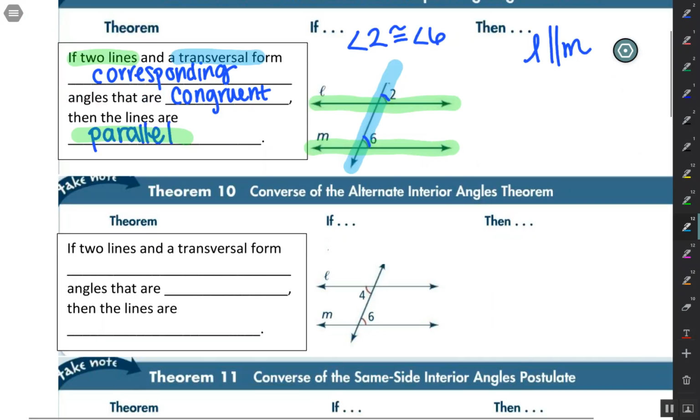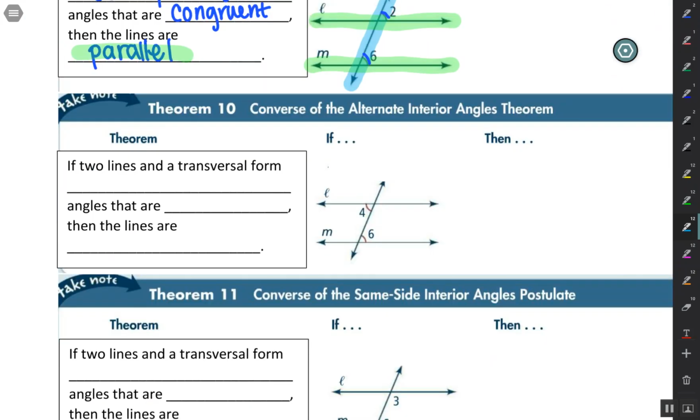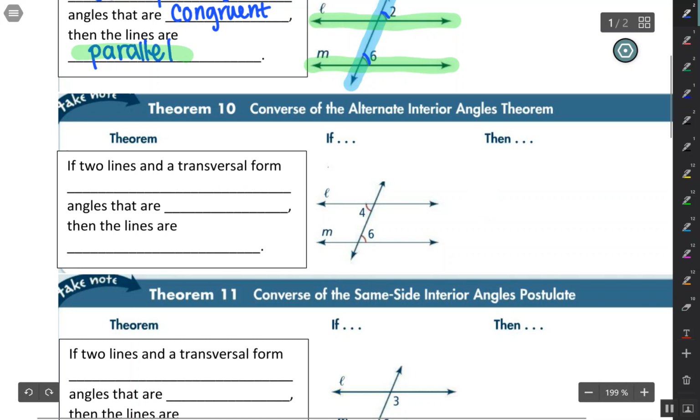Okay, so the rest of this is going to be very similar because the alternate interior angles theorem said that if the lines are parallel, then alternate interior angles would be congruent. So we're saying the backwards, which is if two lines in a transversal form alternate interior angles that are congruent, then the lines are parallel.